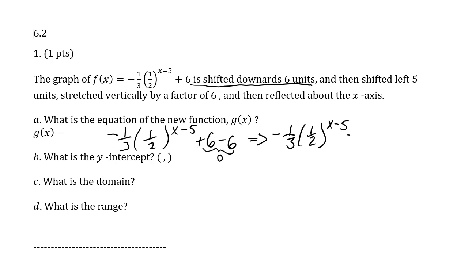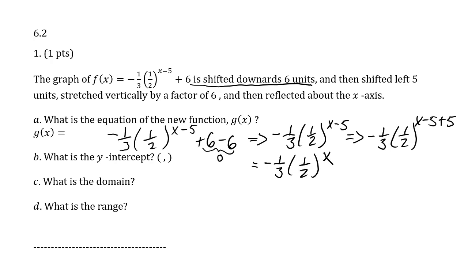So now this problem is going to be transformed again into negative 1/3 times 1/2 to the x minus 5 plus 5. Now the minus 5 plus 5 is going to give us a 0, and that means that this transformed relationship is going to be negative 1/3 times 1/2 raised to the x. That reflects both the shift downward 6 units and the shift left 5.